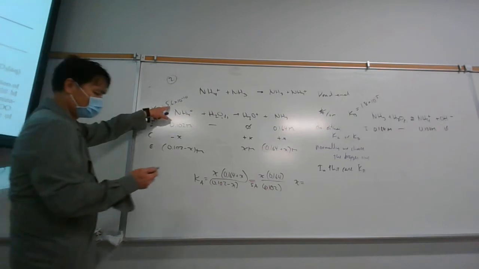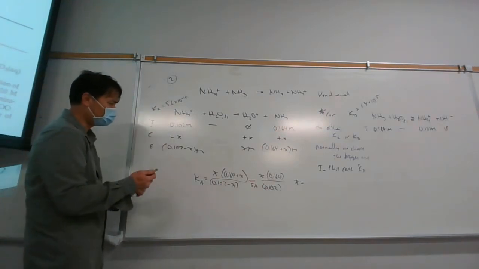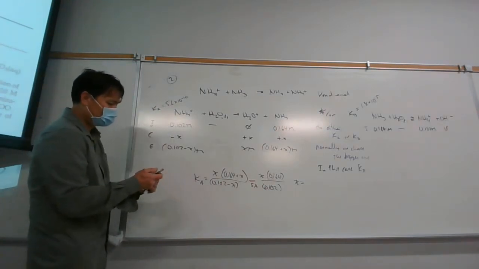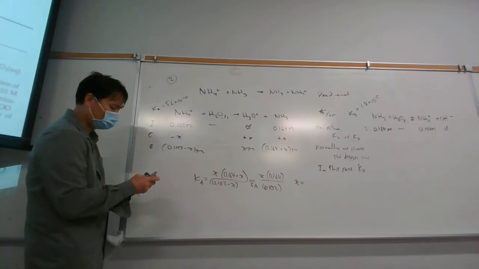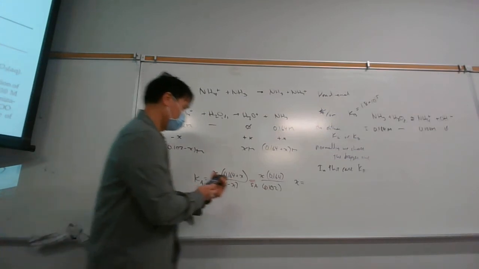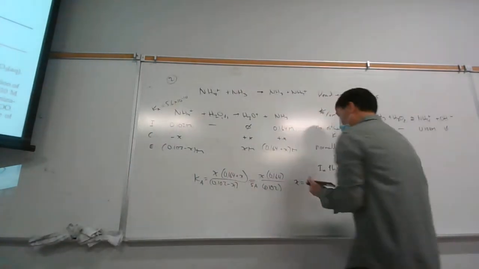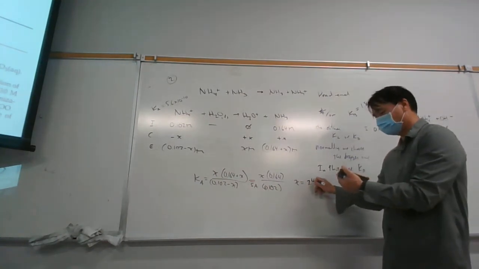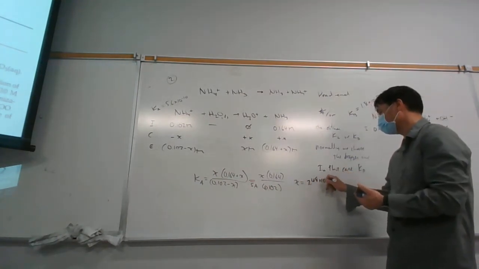I forgot what it says. I'll just use this since I already wrote it down. Times 0.102 divided by 0.64. Our x comes out to 3.48 times 10 to the minus 10.